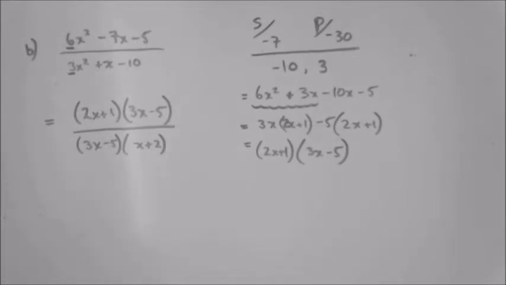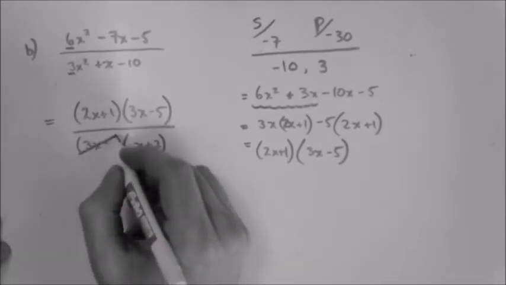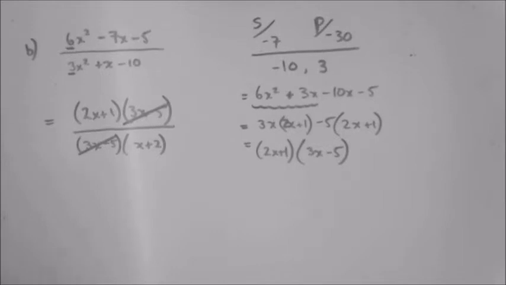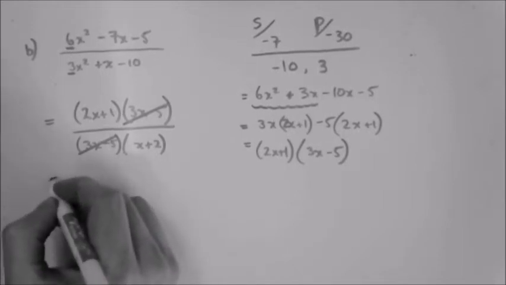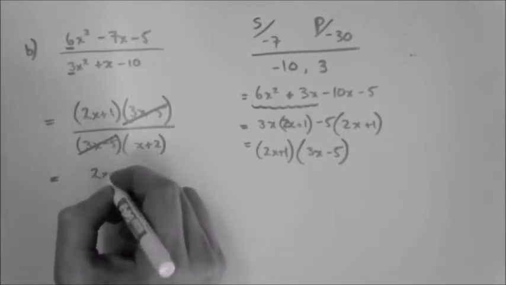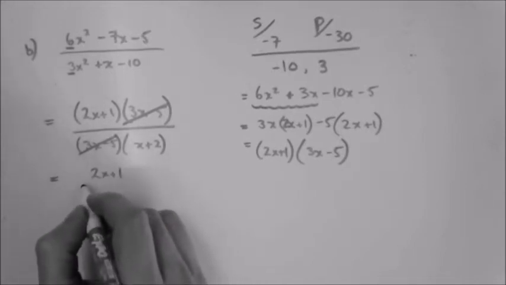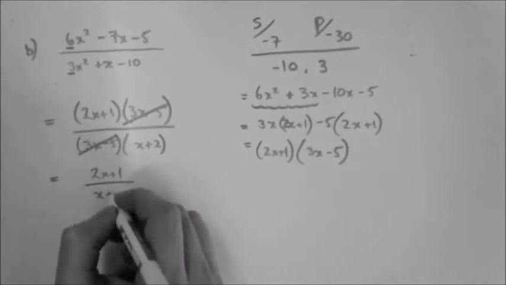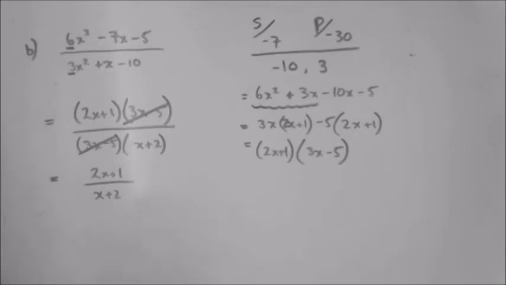Sorry, 3x minus 5. Is that better? So we can cancel them out. They both equal 1 over 1. So this thing reduces to 2x plus 1 over x plus 2, but we can't forget the restrictions that we just found. What are they?